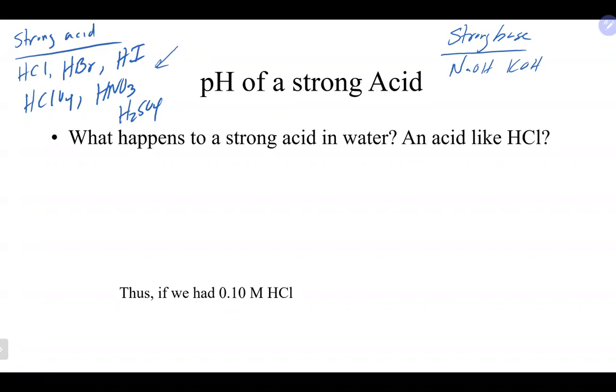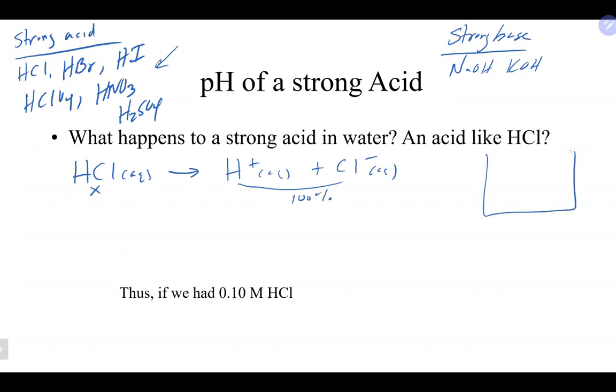If you do have something like HCl, which is a strong acid, when it goes for a swim, because it's really a strong electrolyte, it will 100% break apart into its ions, which means in solution, you have none of this guy still together, but you do have 100% of basically these ions in the solution.